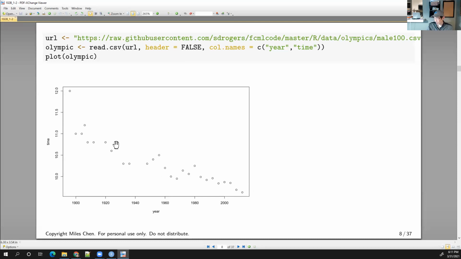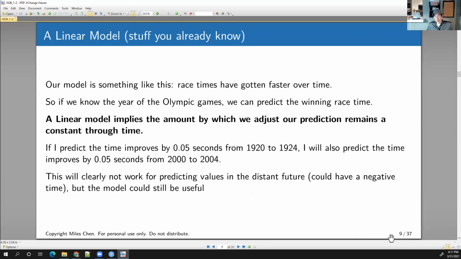But what we see is this downward trend that as time goes on, people get faster. Obviously, this trend isn't going to continue forever. If we extrapolated forever, we would end up with negative race times, and we know that's just not possible either. But overall, we would say race times have gotten faster, okay?